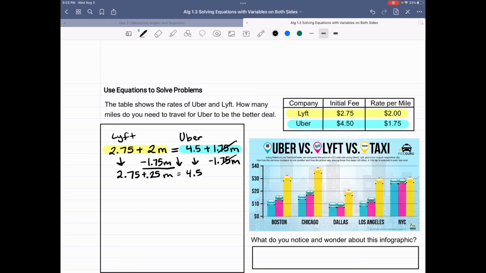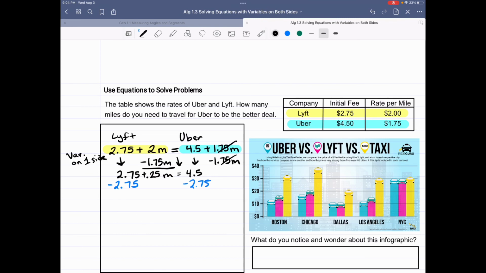The next step is we're still solving for m. So we have 2.75 plus 0.25m. Now normally the 0.25m would come before the 2.75. And so the 2.75 is a little bit further away from the m. So the first thing we do is we want to subtract 2.75, right? So subtract 2.75. The first step we did was variables on one side.